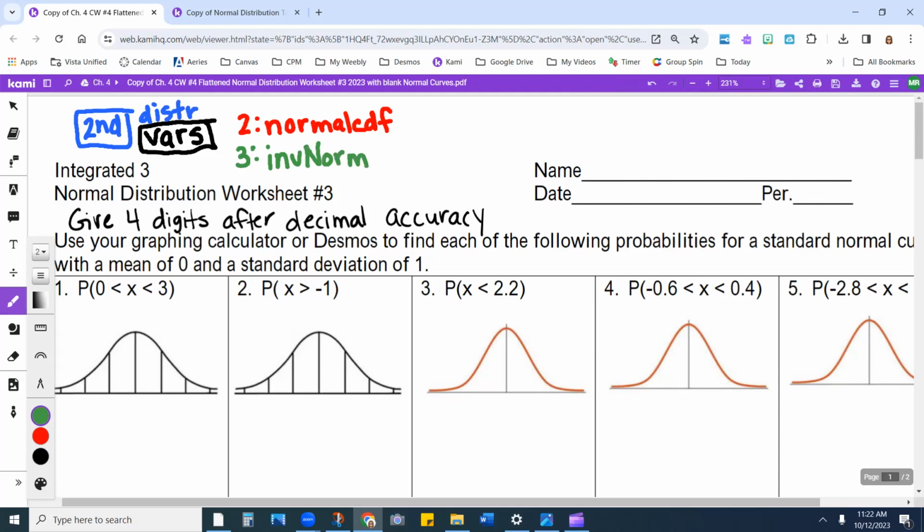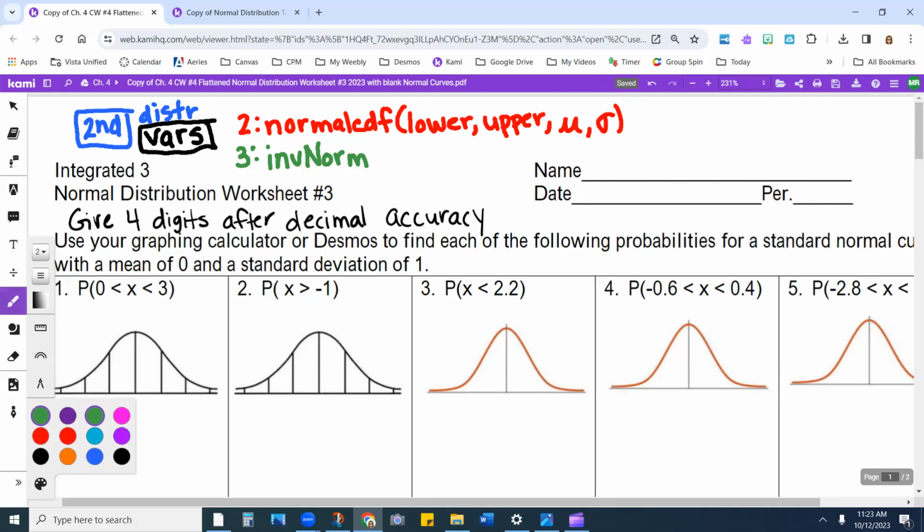Now, when you're using the normal CDF, it's going to ask us for 4 values. It's going to ask us for a lower bound and an upper bound. Those are basically the interval you shaded. The lower is the furthest to the left that your interval goes, and the upper is the furthest to the right. Then we have mu, which is our mean, and sigma, which is our standard deviation.